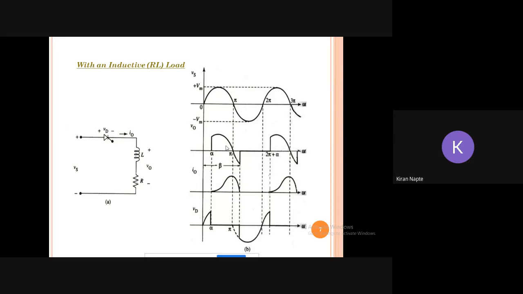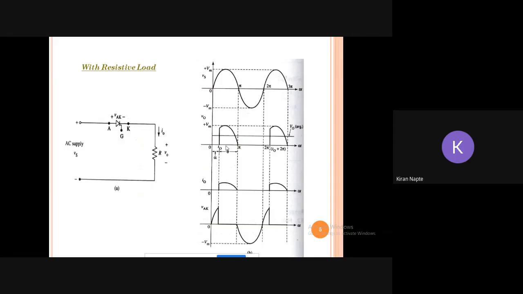In the previous circuit, once your SCR turns on at a particular point, let's assume 45 degrees, it will generate output voltage up to pi only, up to the end of the positive half cycle. But this happens with the resistive load only.